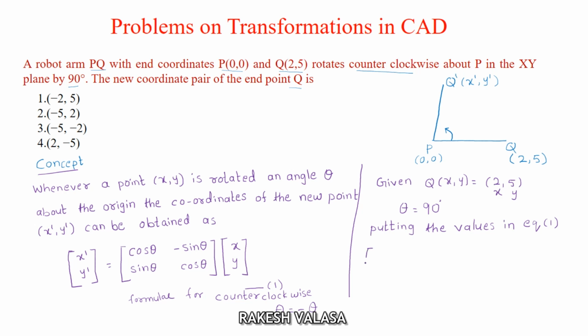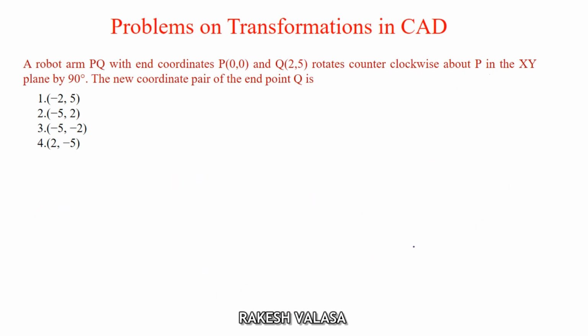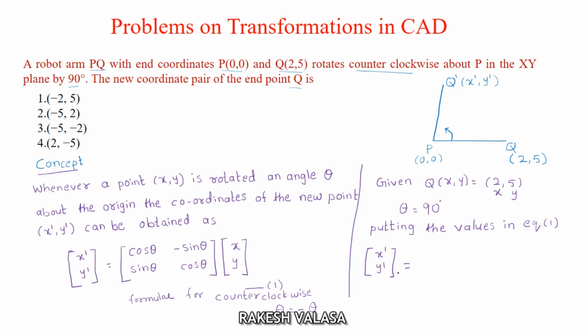That is x dash, y dash equal to cos 90, minus sin 90, sin 90, cos 90, into x, y, that is 2, 5.